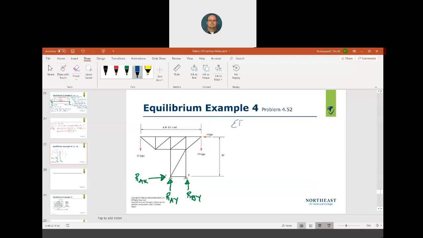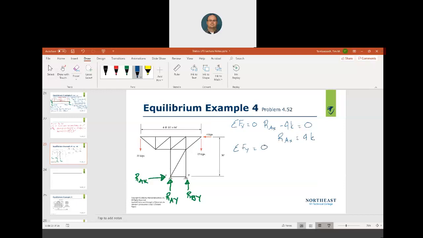Step three, we can now go into our equations. Sum of the forces in the x direction equals 0. We have RAX, the sense is pointing to the right, so it's positive. RAX minus, I have a 4-kip horizontal force, minus 4 kips equals 0. So I know RAX equals 4 kips. Next equation, sum of the forces in the y direction has to equal 0.